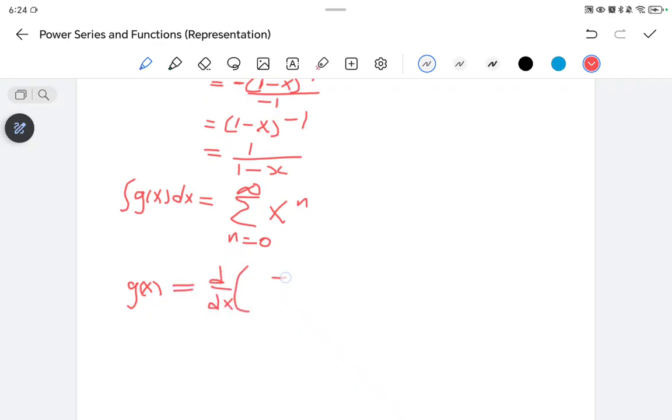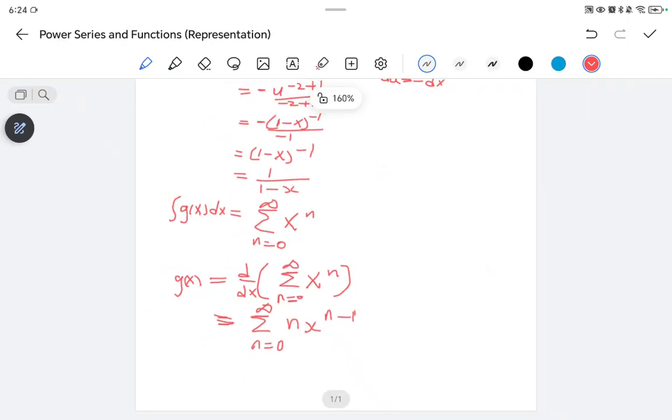Don't forget, if we want to undo integration, we must derive. If we derive that, we get n x to the n minus 1. This would be the power series representation of this function. Any question?